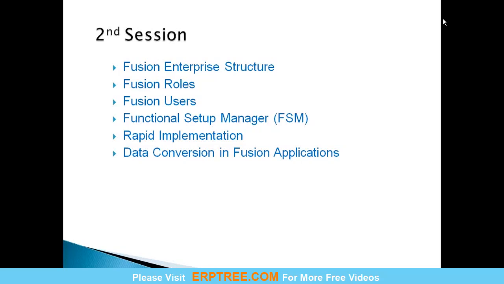Take an example, deposits in Receivables. In EBS we have deposit and guarantee. That functionality we don't have in Fusion Receivables. As of now, in the implementations we go with a workaround: on-account receipt.